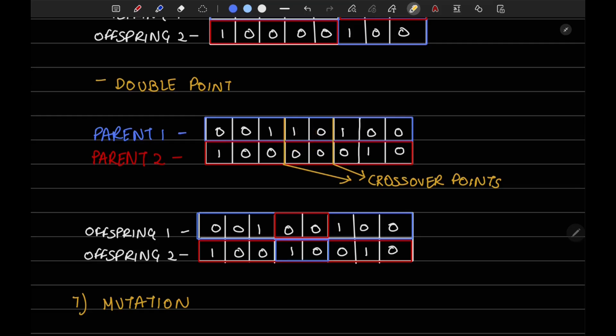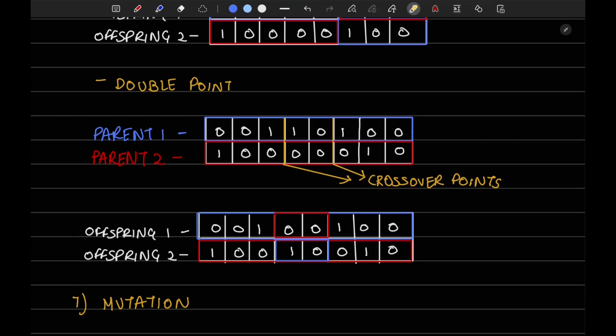This means the middle segment of each parent is exchanged while the rest stays the same. Like before, this also produces two offsprings. The double point crossover gives a little more variety than the single point one, and this can sometimes lead to better exploration of the solution space.